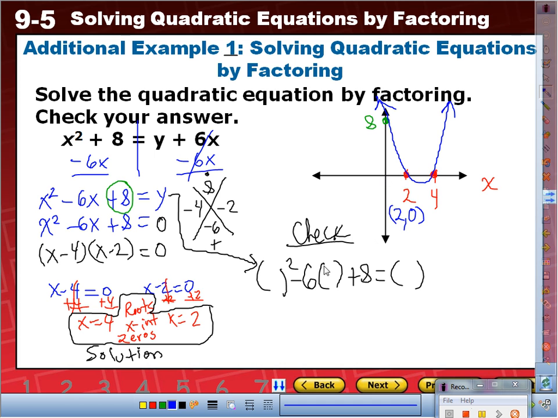So therefore, x is 2, y is 0. So let's see. What is 2 squared? 4. Negative 6 times 2, that's negative 12, plus 8 equals 0. 4 minus 12, that's negative 8, plus 8. What is negative 8 plus 8? 0, and that is true.